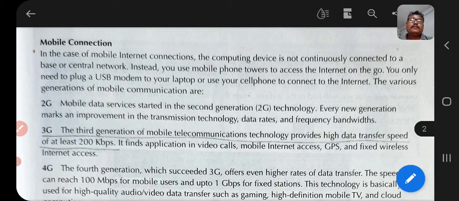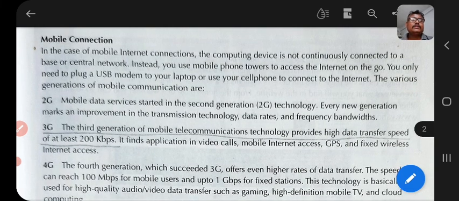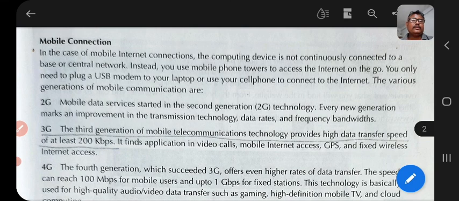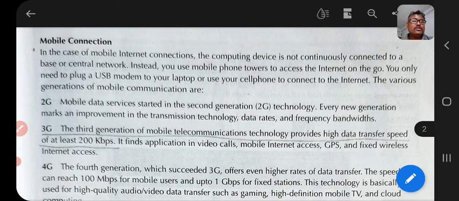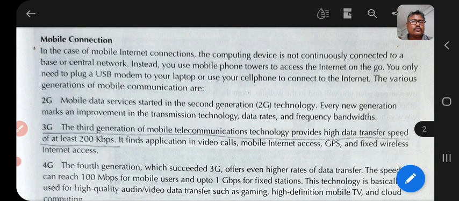In the case of mobile internet connection, the computing device is not continuously connected to a base or central network. Instead, you use mobile phone towers to access the internet on the go. You only need to plug a USB modem into your laptop or use your cell phone to connect to the internet.